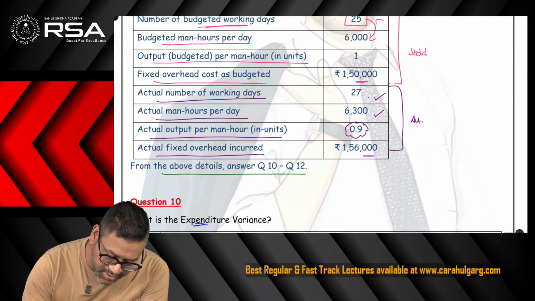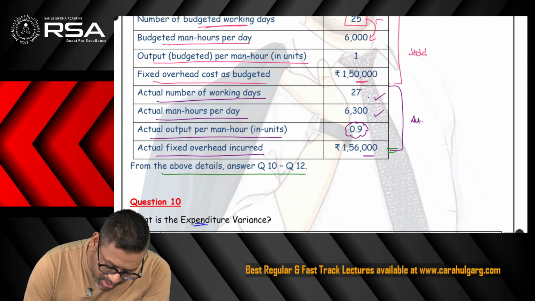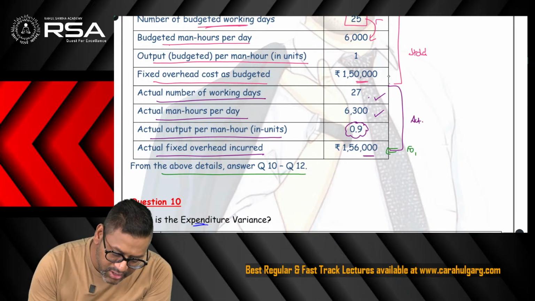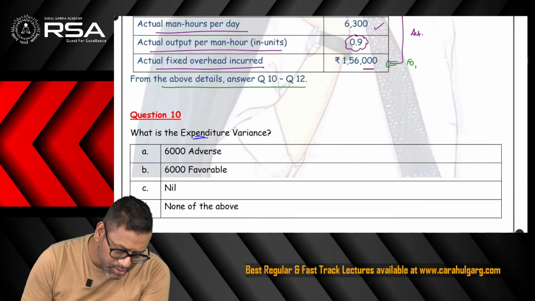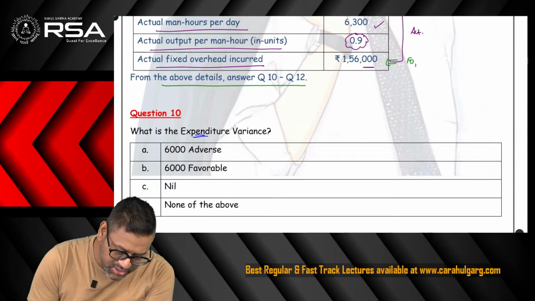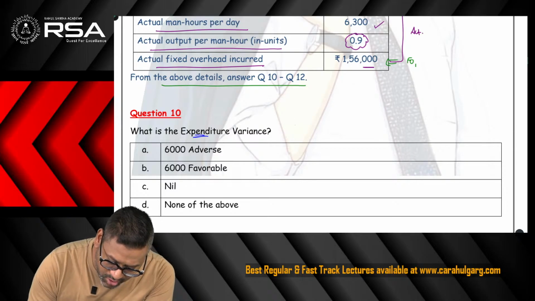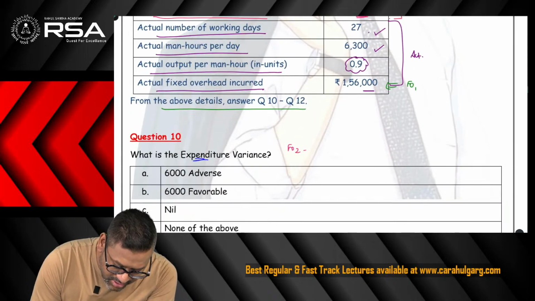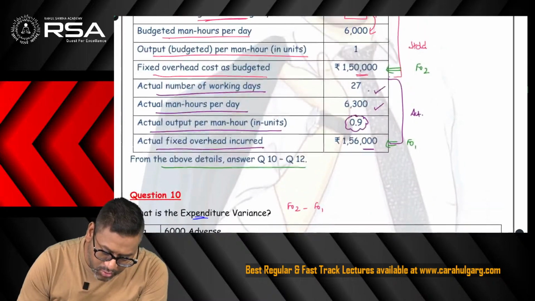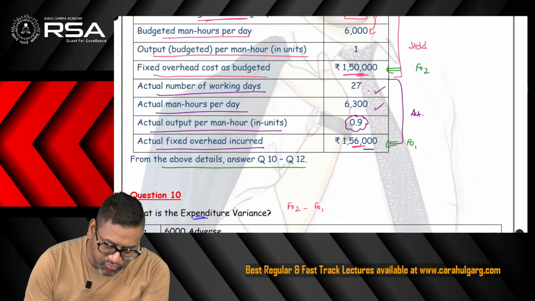Okay, so if I say FO1, this is our FO1, actual fixed overhead, this is our FO2, that is fixed overhead budgeted. If I say what is the formula for expenditure variance, the formula for expenditure variance is FO2 minus FO1. So I have FO2 is 1,50,000, FO1 is 1,56,000.